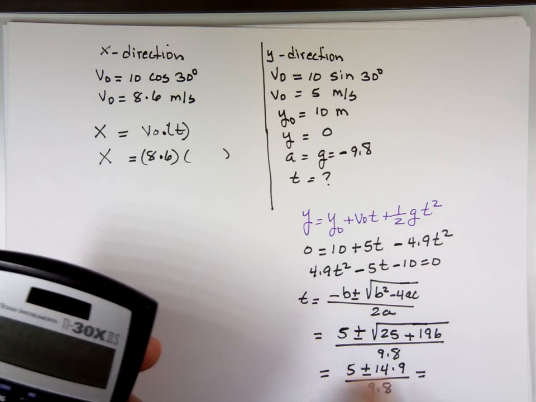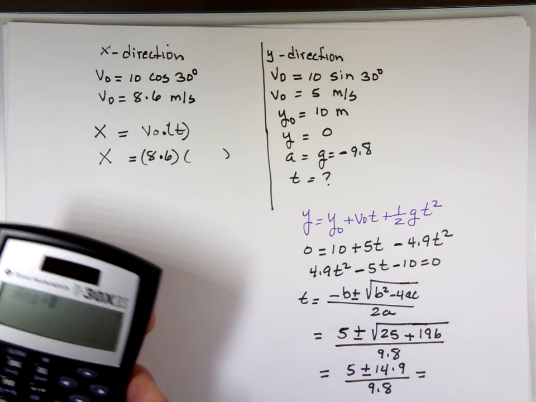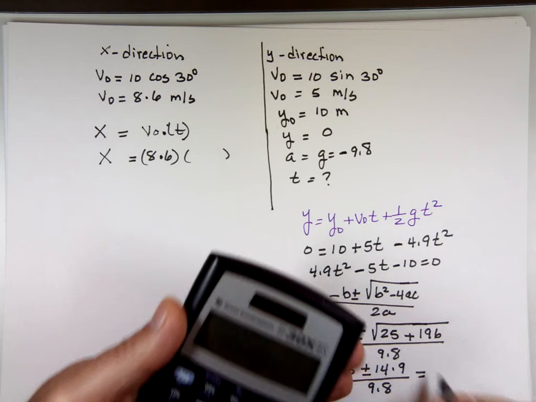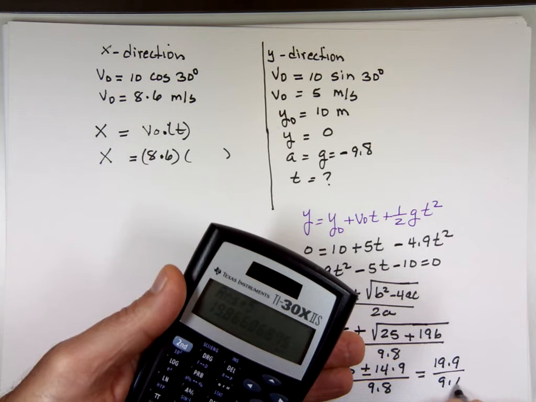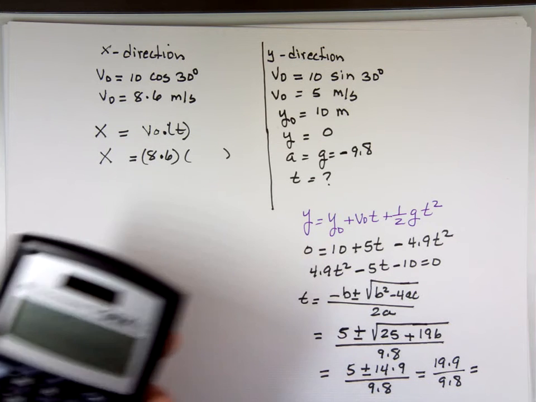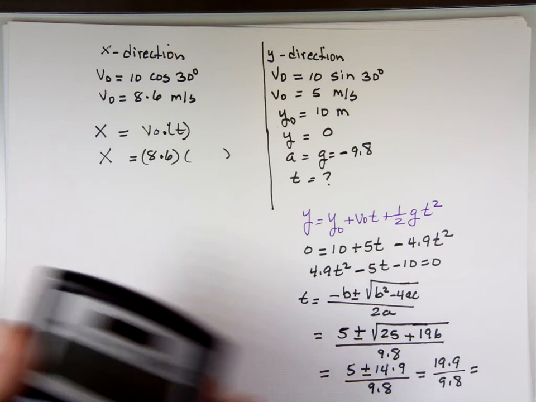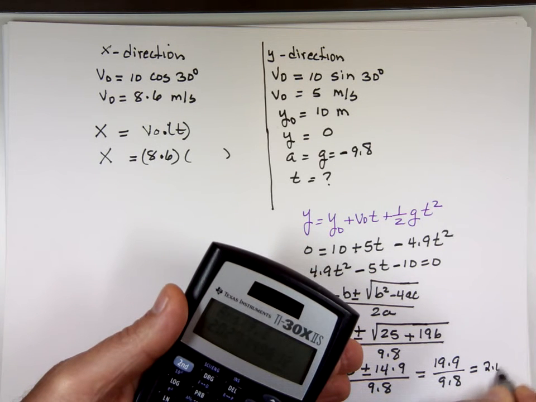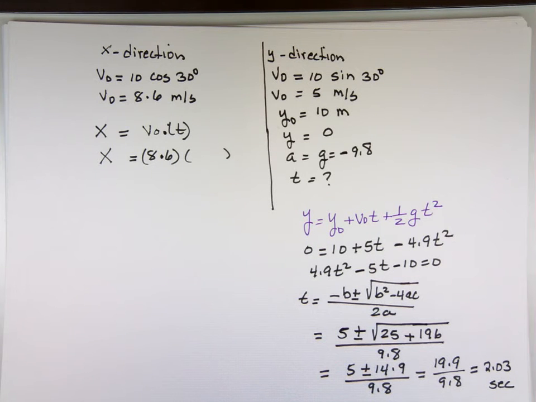So it's 5 plus that number, and it can't be negative. That gives 2.03. So we know the diver was in the air for 2.03 seconds.